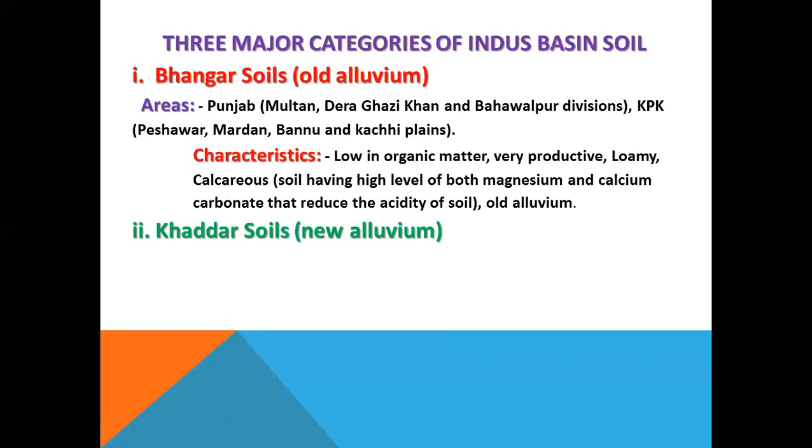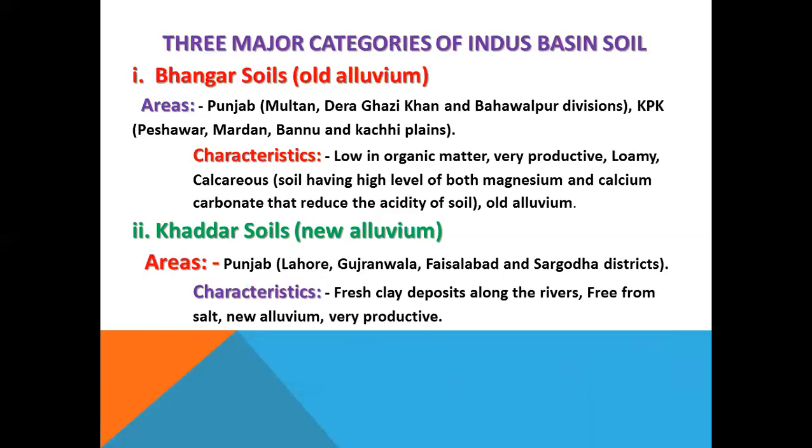Number two, Khadr soils. It is also known as new alluvium. Alluvium means the transported soil by running water. It is located in area of Punjab.